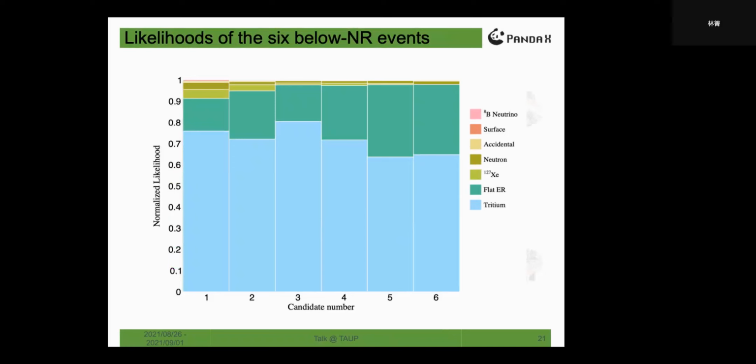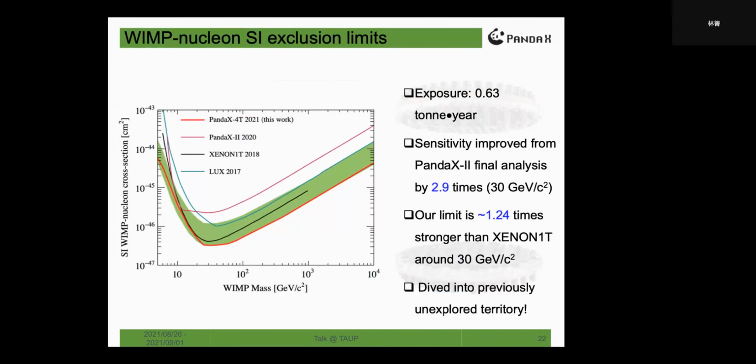And here is the likelihood component of these 6 leakage events, and they are mostly consistent with the background prediction. Most of them are very likely from the electronic recoil leakage. So we finally used 0.63 ton-year exposure of the commissioning data to give a constraint on the spin-independent elastically scattering WIMP-nucleon cross-section.